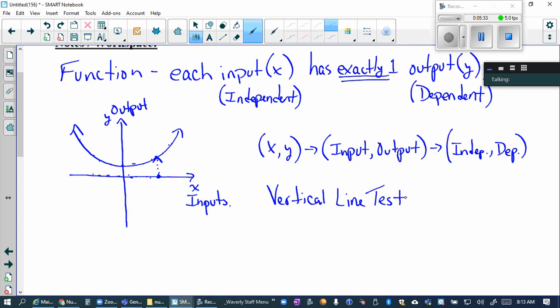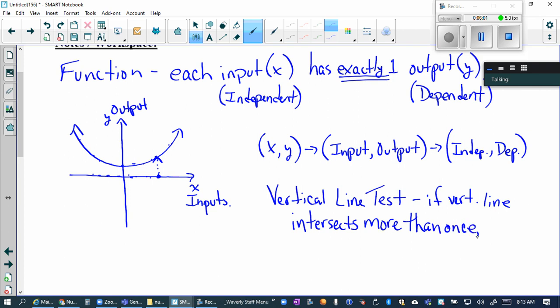Okay. So if a vertical line can intersect a graph more than once, would it be a function? Think about that graph we have over there. If it intersects your graph more than one time, do you have a function or not a function?